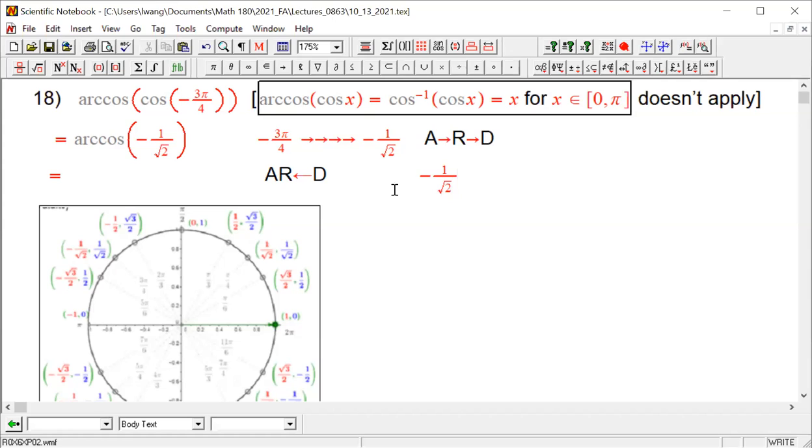We know D, and what are we trying to find? The output of ArcCoSine gives us an angle, so we're looking for A. So from D to A.